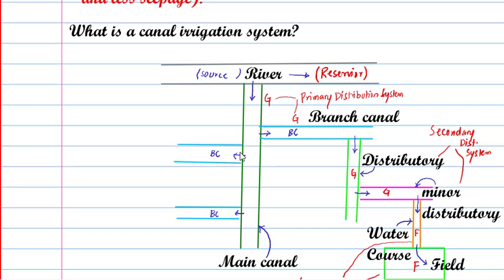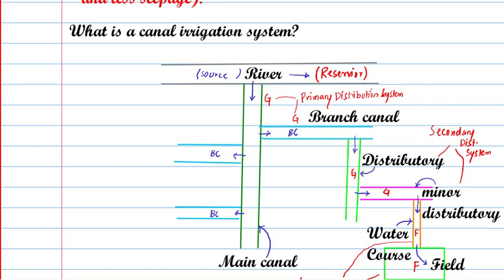From the main canal, we construct different branch canals, and from branch canals, we take water through the distributary canals. From distributary canals, the water will go through the minor distributary canals, and from there, we will take the water to the field through the water course.